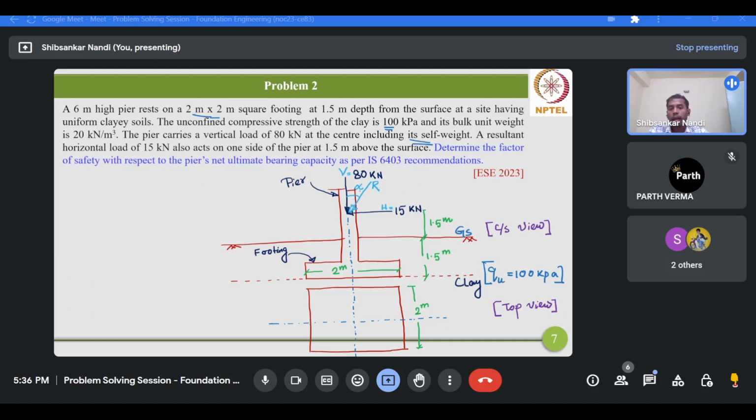So this is the angle of this resultant load R, and this angle is defined by alpha. Now how can we determine this alpha? What should be the value for this alpha? Please correct me if I'm wrong, you can calculate it this way: alpha equals tan inverse of H by V. Yes or no?